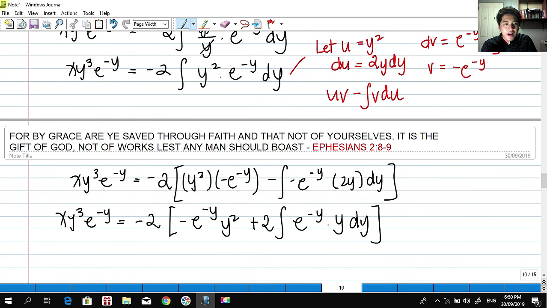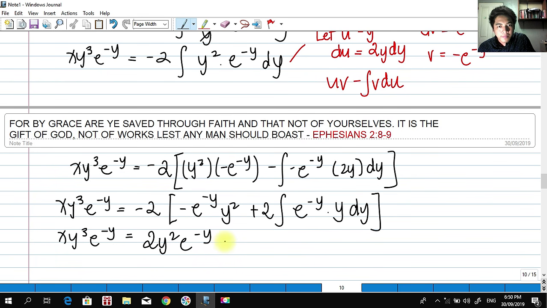And again, we have to distribute negative 2 here. Okay? So, we have positive 2y squared e raised to negative y, or sorry, negative 2 times 2 would be minus 4. The integral of e raised to negative y multiplied by y dy.